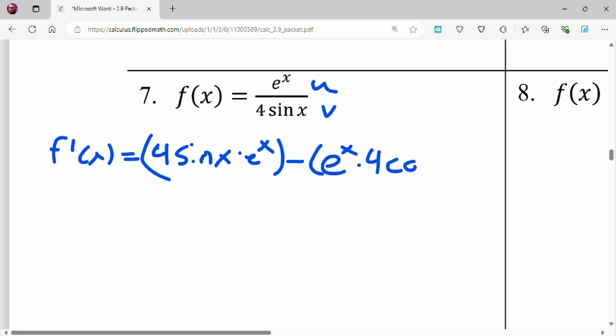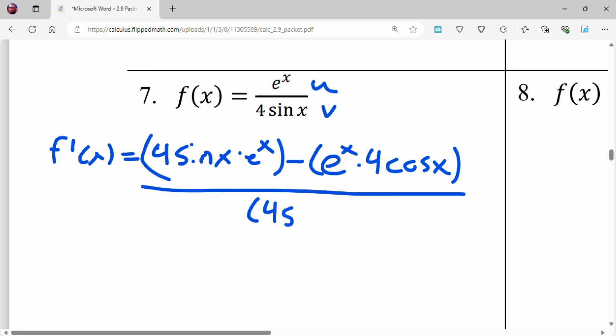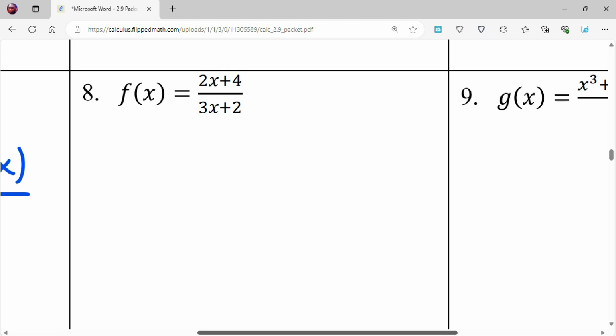So 4 cosine x divided by 4 sine of x, right? Because it's our v, and then v squared. Okay, now we're going to just leave it like this, to be honest. I mean, you could factor out the e to the x, but there's really no point in that for this exercise. Okay, next.